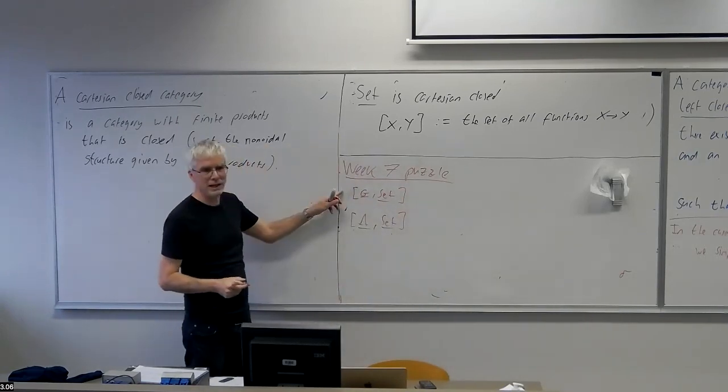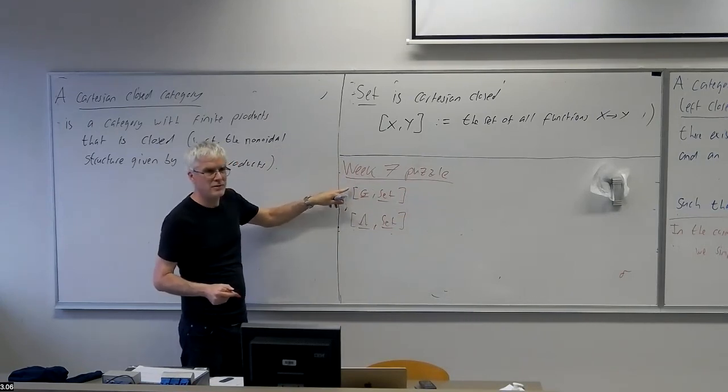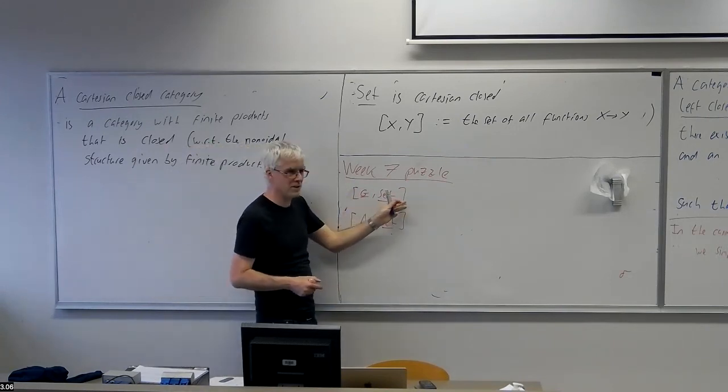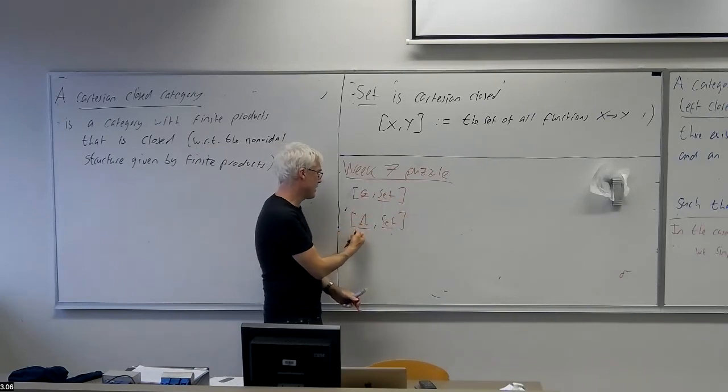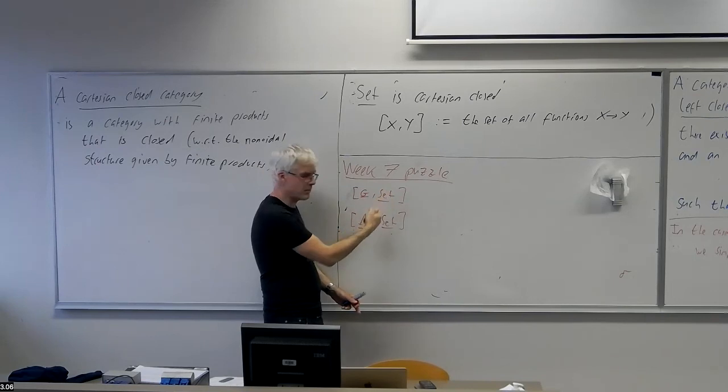Hopefully by now, some of you have worked out that the category G-Set is the category whose objects are left G actions and whose morphisms are what are called equivariant functions between left G actions. So there's a category of group actions, and this functor category is isomorphic to the category of group actions.